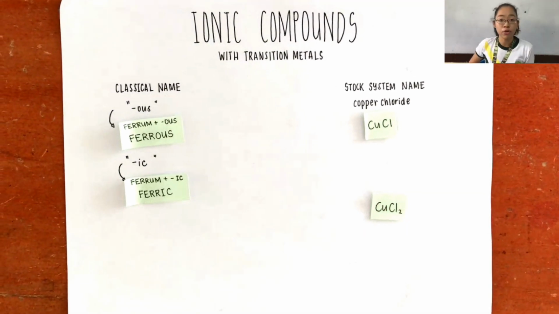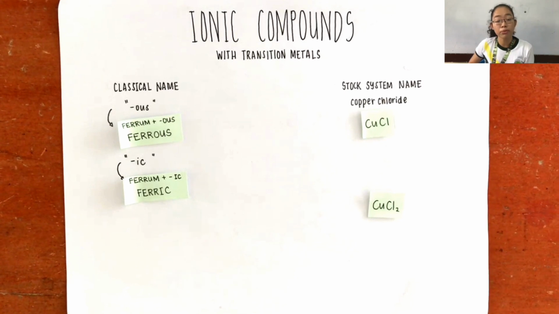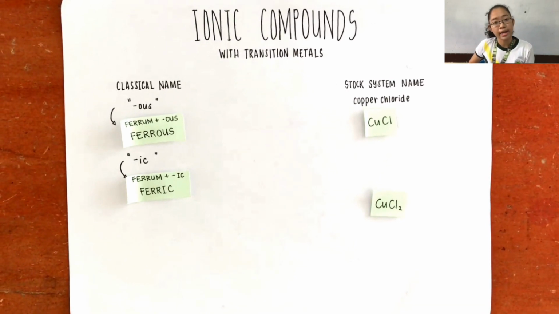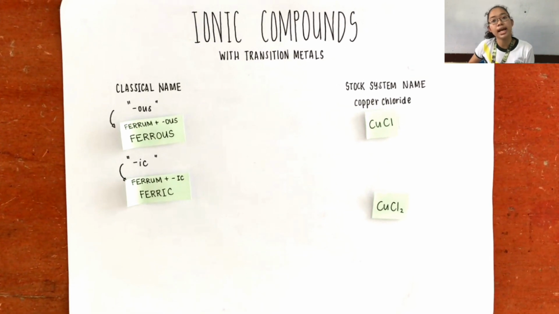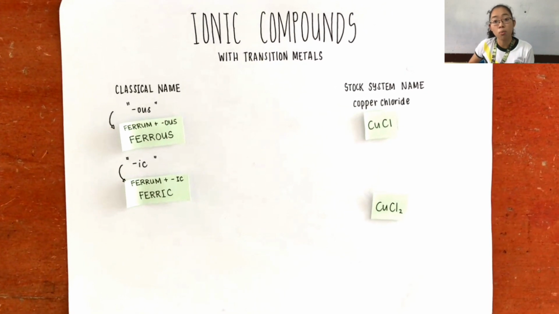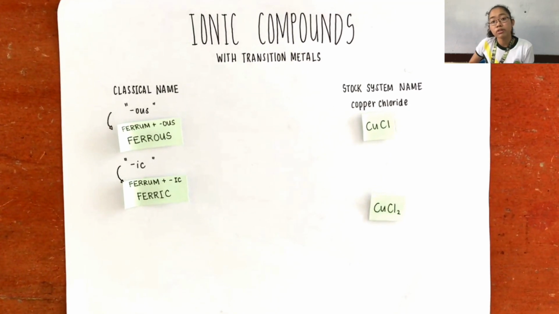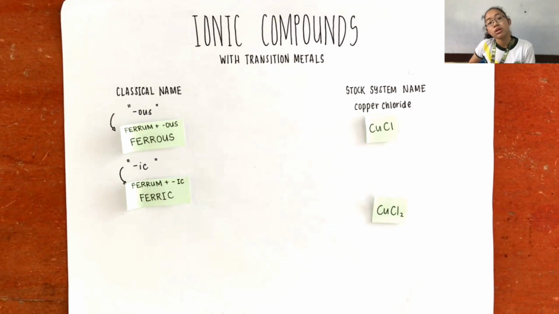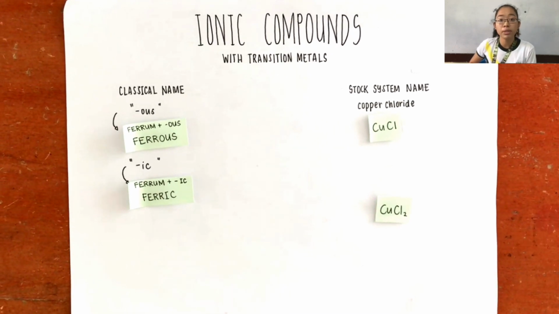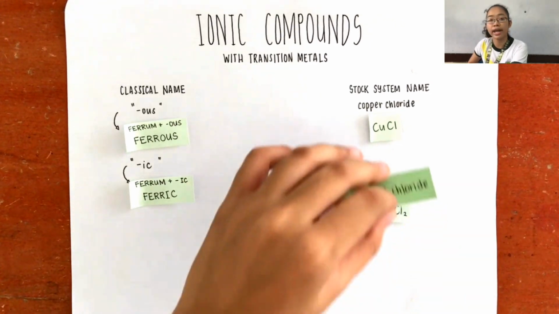For the first formula, we can see that chlorine and copper both have one atom, and if we check chlorine in the periodic table, it only has a -1 charge. So whatever charge copper may have, they cancel each other out. So it could probably be copper 1 chloride.